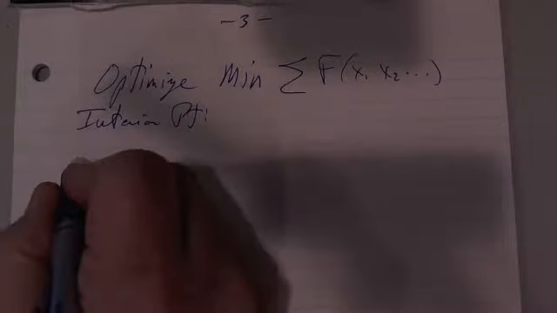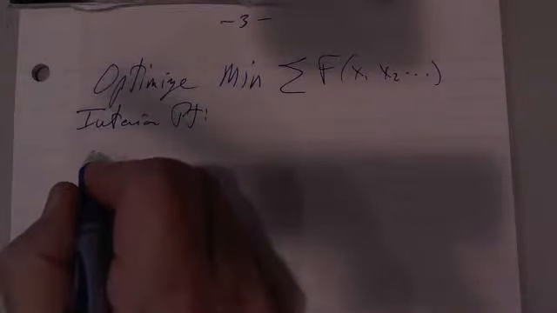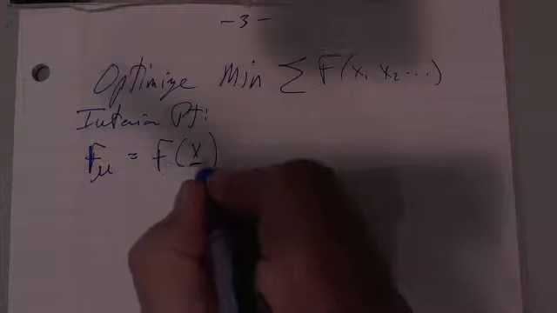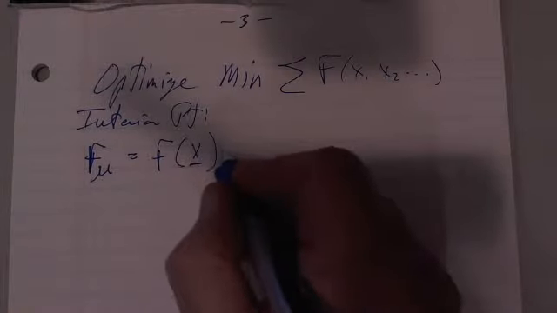In using the interior point method, you do this. You say, I'm going to start out and have this variable mu, and I'm going to designate f of mu as equal to f of x, and this x is a vector, so it's multi-dimensional.